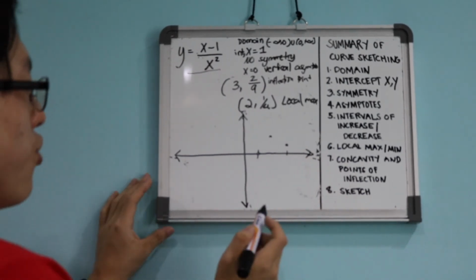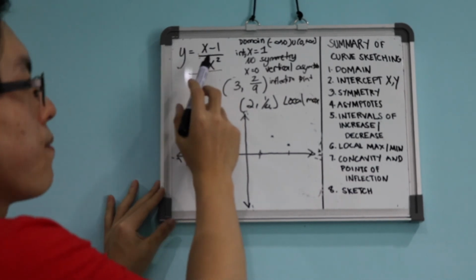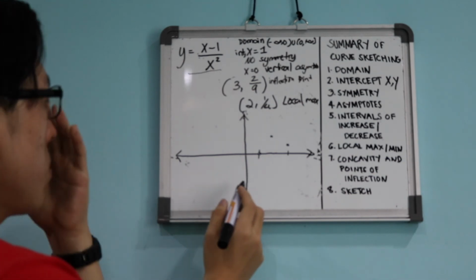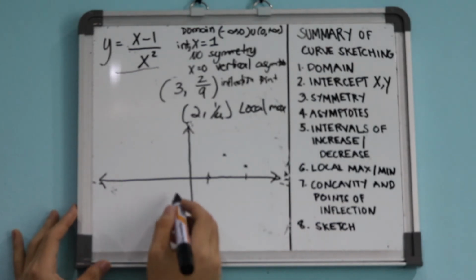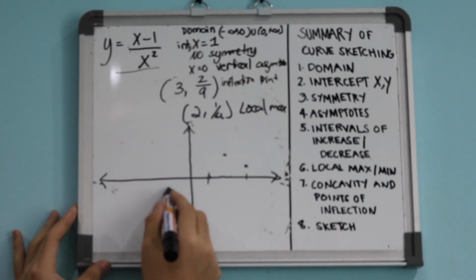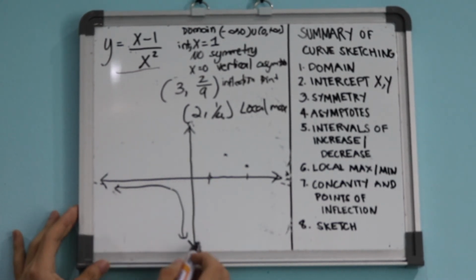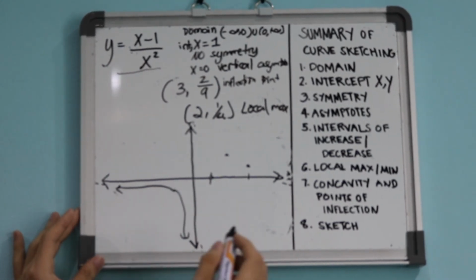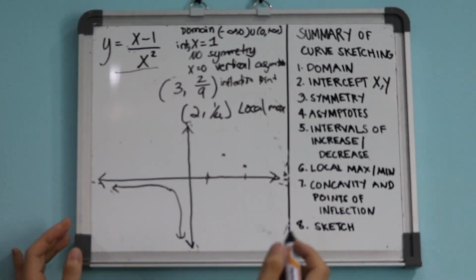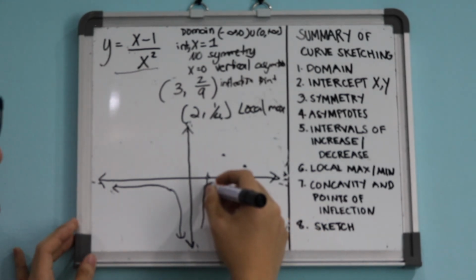If we plug in a value that is less than 0, for example negative 3, it will only be approaching, going down and going to the right, since there are the horizontal and vertical asymptotes. And from the data, from 0 to negative infinity, it is going up, so it is going up here.